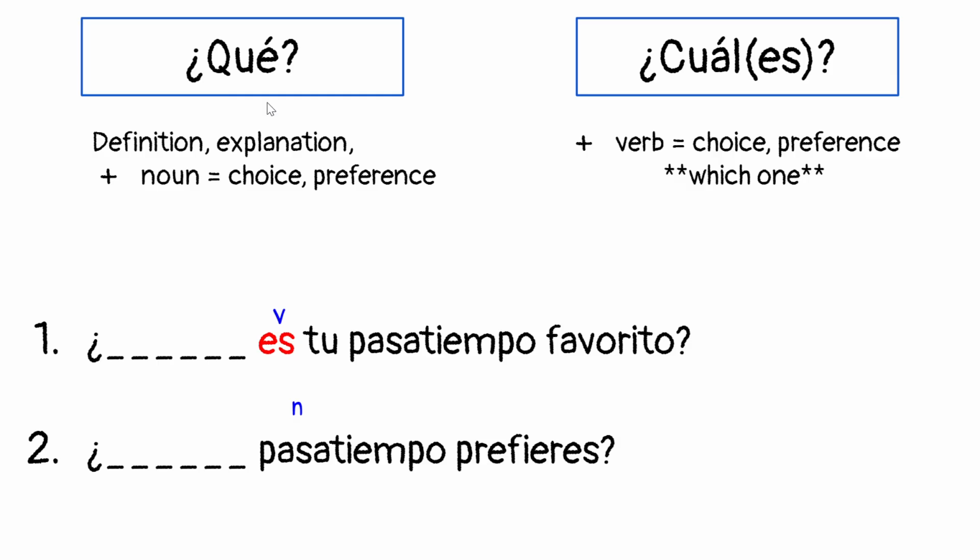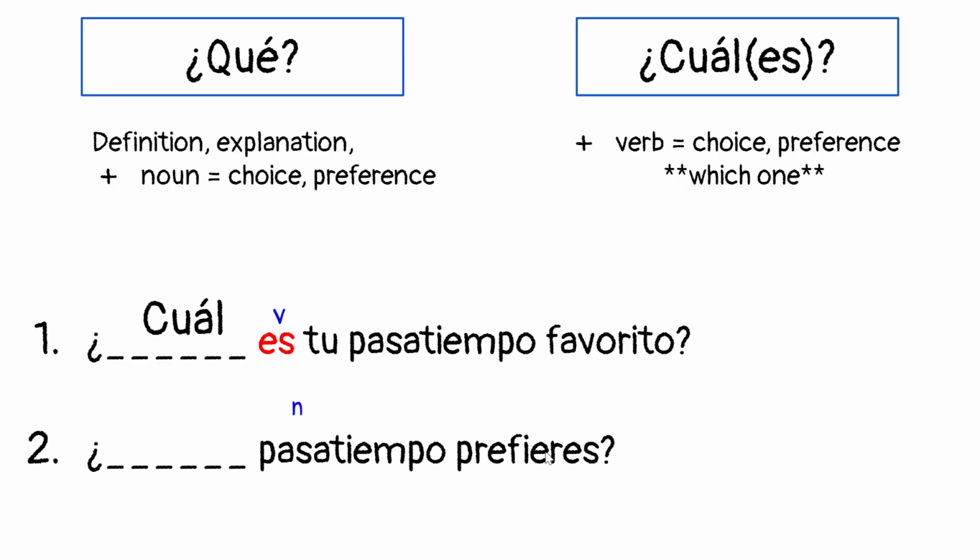Okay, so here I have either qué, definition or explanation, and it'll be followed by a noun, or cuál, choice or preference, and it'll be followed by a verb. So I have my blank, I have a verb, blank es tu pasatiempo favorito. You want to say either what is your favorite pastime or which is your favorite pastime. To use cuál when we have the verb. We're going to use cuál es tu pasatiempo favorito rather than qué, because I have a verb here after the question word.